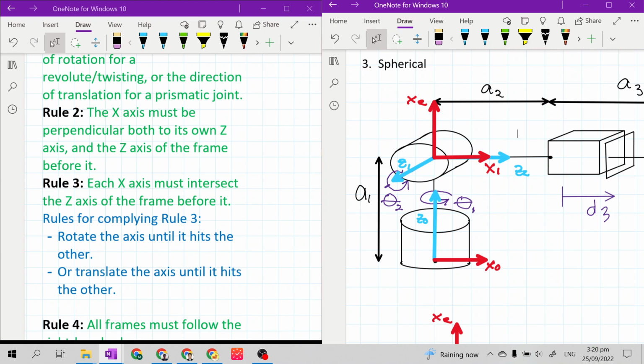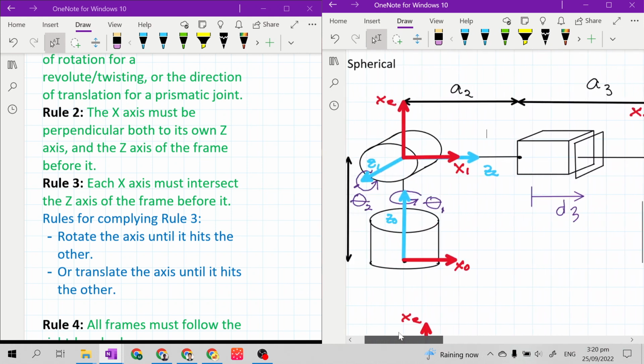What you need to do, the step by step of this compliance, is first rotate. If the rotation is not good, then do the translate. Okay, that's the practice. Step 1 is the rotate. Step 2 is the translate. If step 1 is not good, do step 2.